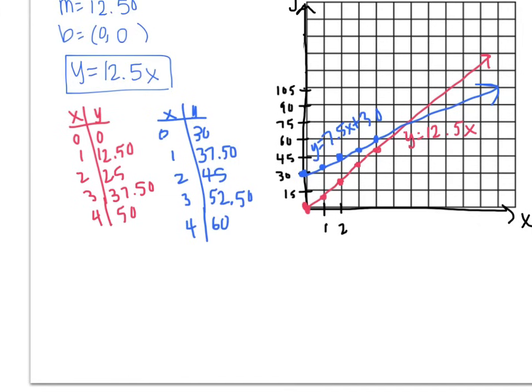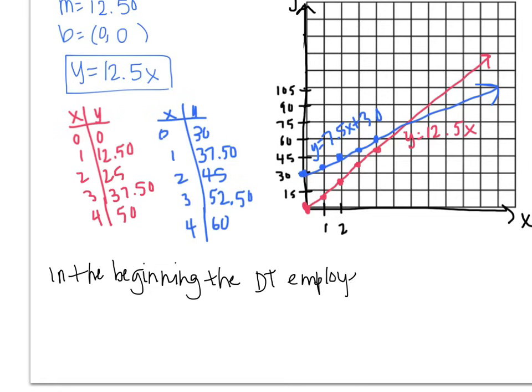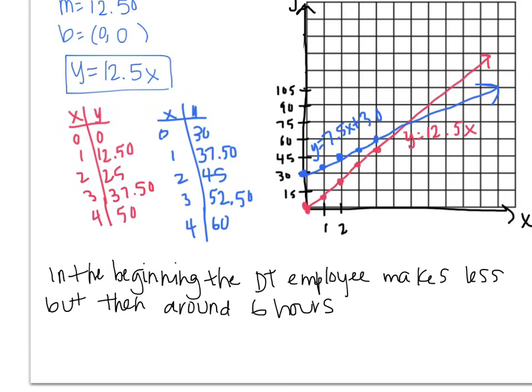So in the beginning, I'm going to abbreviate, the daytime employee makes less, but then around 6 hours into work, the nighttime employee starts making more.